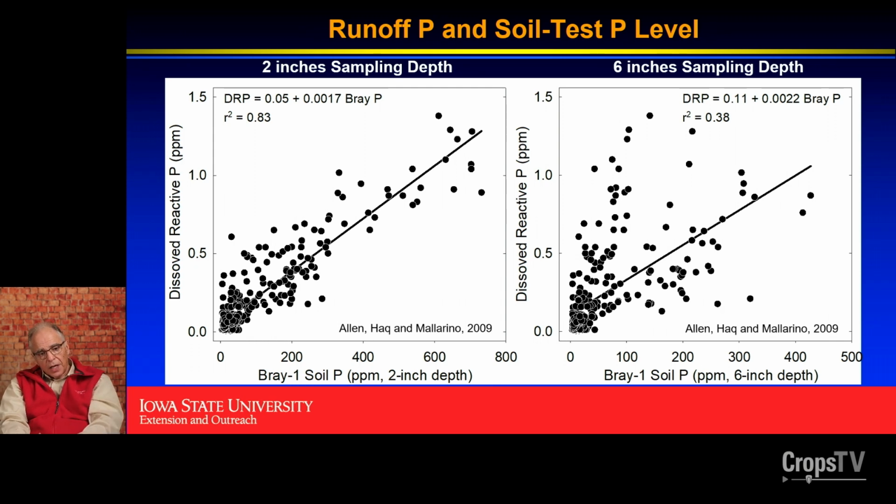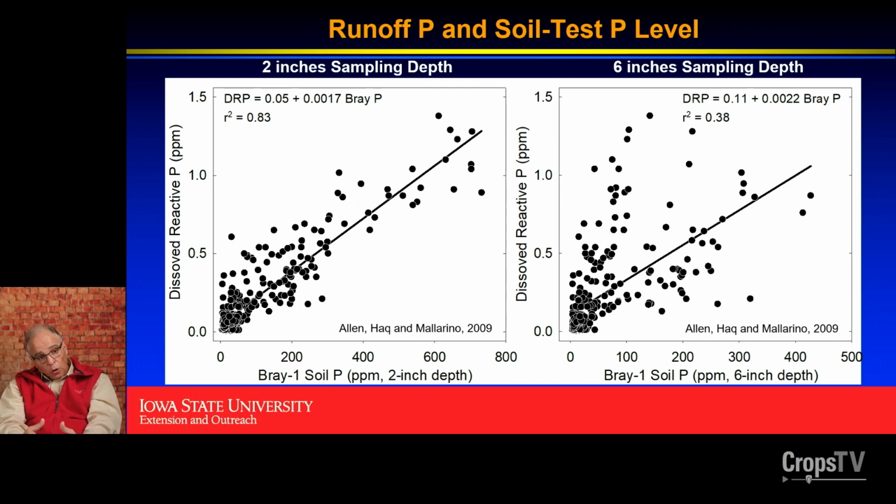Now, this is the relationship between dissolved reactive P, that's dissolved phosphorus in runoff, with Bray P when we sample 2 inches depth. And then on the right, we have when we sample 6 inches. It is obvious that there is a better relationship when we sample a shallow depth, because that's where much of the phosphorus is, especially in no-till, but also with chisel plow.